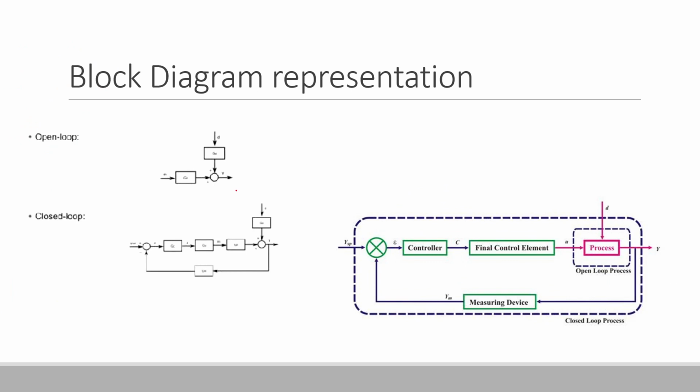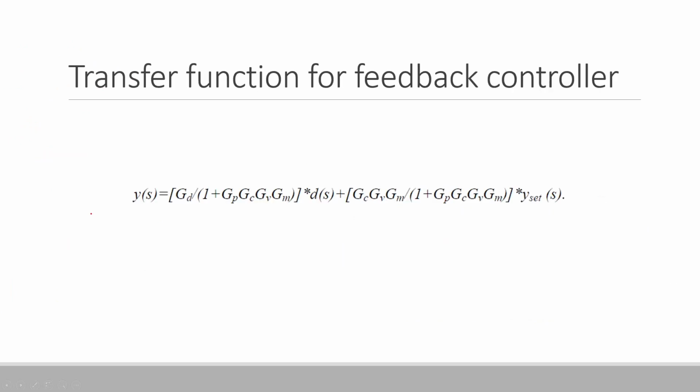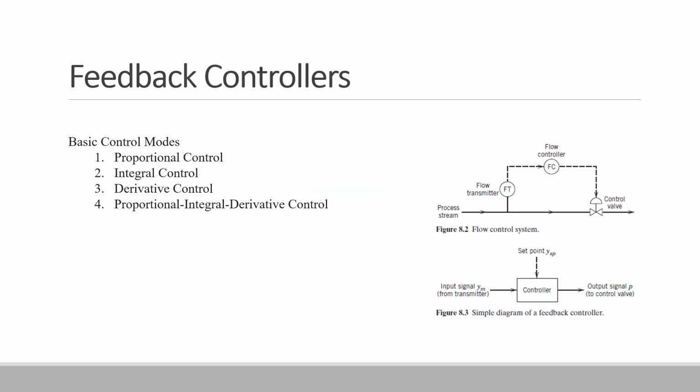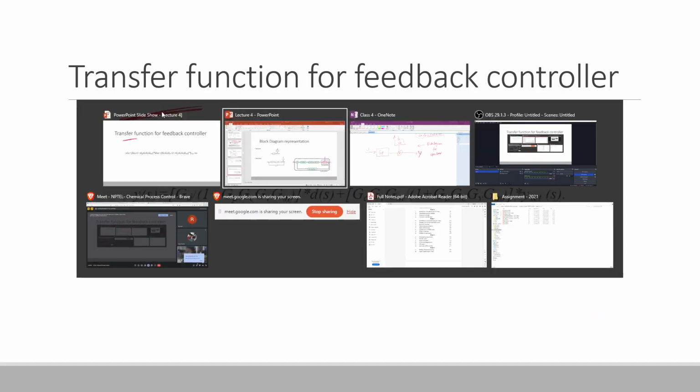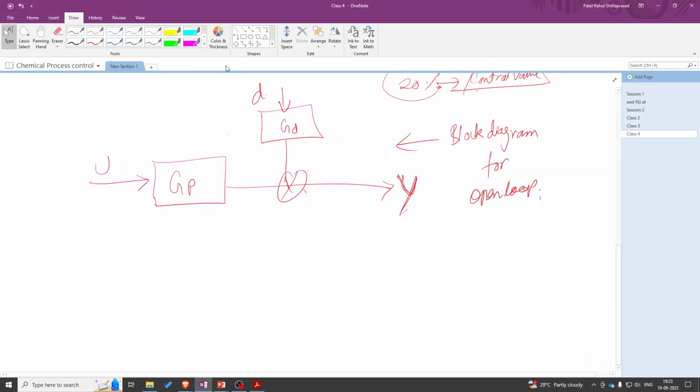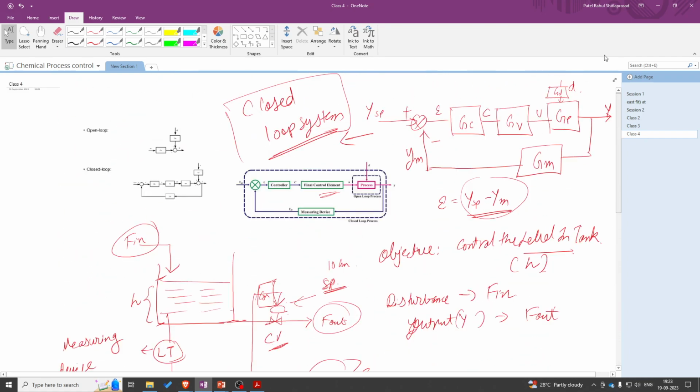So we studied this block diagram for open loop and closed loop. Then we can find another thing, which is the transfer function of the feedback controller. So how can we do that? Let's study. Basically, given any block diagram, if you want to find the transfer function, how can we write it?